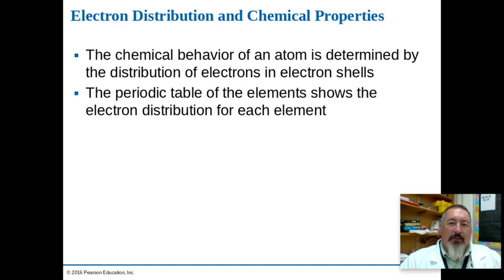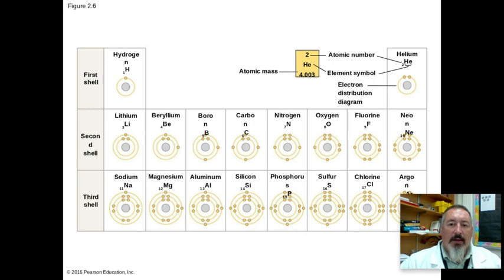The chemical behavior of the atoms is going to be determined by the distribution of the electrons in electron shells. The outer shell is really important in determining how the atom will act and react. The periodic table of elements is going to show the electron distribution for each element. Here we have a really simplified part of the periodic table.